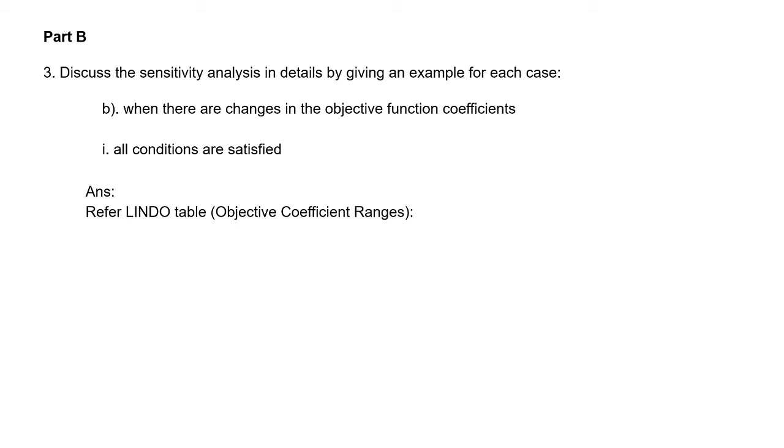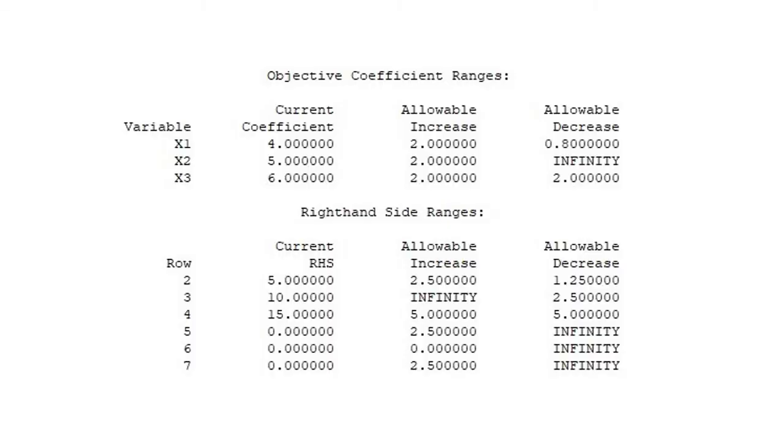To answer this analysis, we refer to the Lindo table at the objective coefficient range. This is our optimal solution in Lindo software. For variable x1, the allowable increase is 2 and the allowable decrease is -0.1.